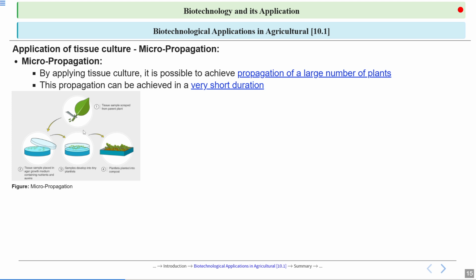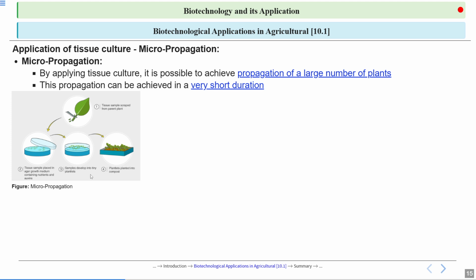Here in this figure we can see that tissue samples are scraped from the parent plant, and this tissue sample is placed in agar growth medium containing nutrients and auxin, the plant growth regulator.